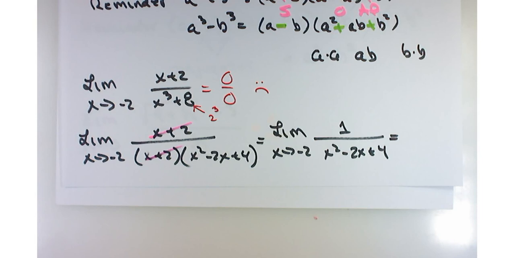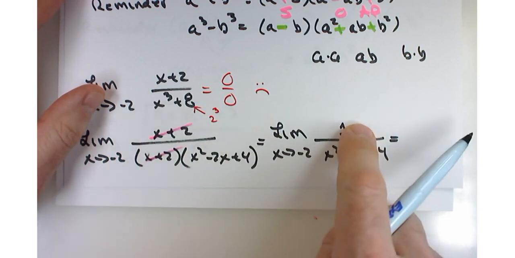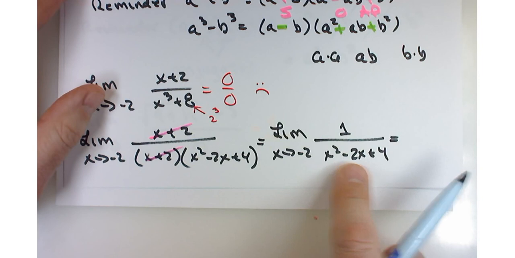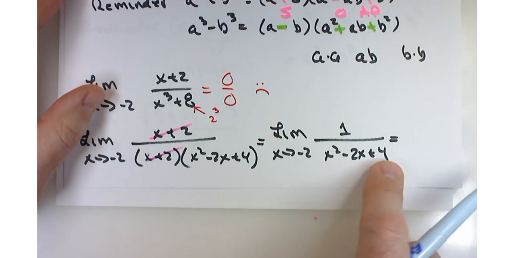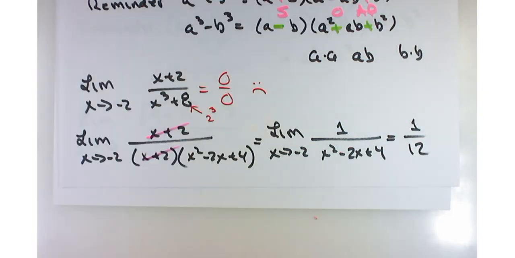Plug it in, right? So the problem that we had is gone, because we're not going to get 0 over 0 anymore, we're going to get 1 over something. Negative 2 squared is 4, negative 2 times negative 2 is 4 again, plus 4 again. Sounds like 12 to me, 1 over 12.